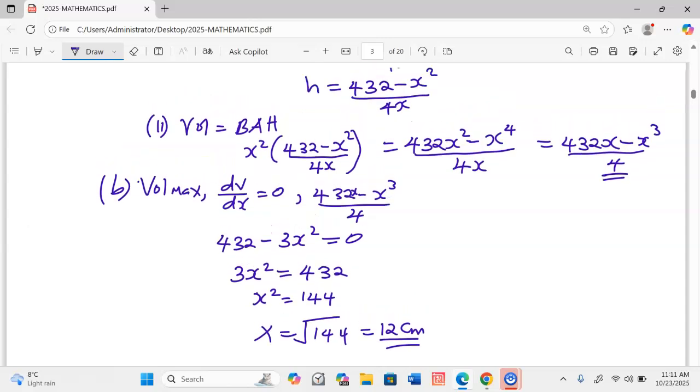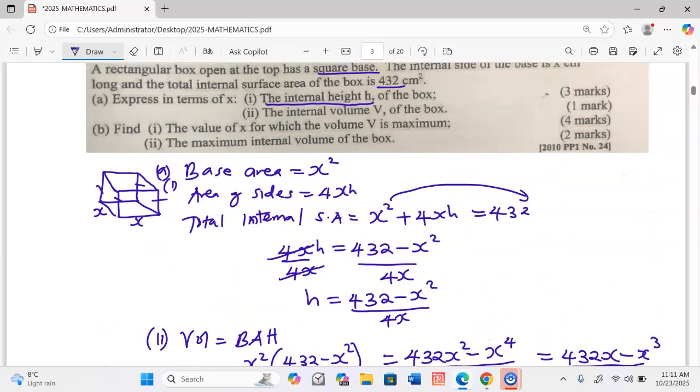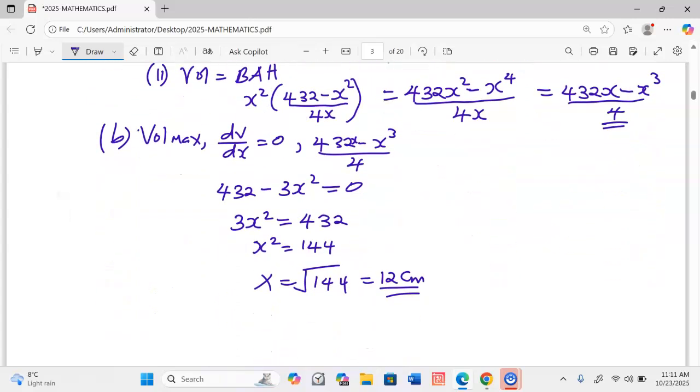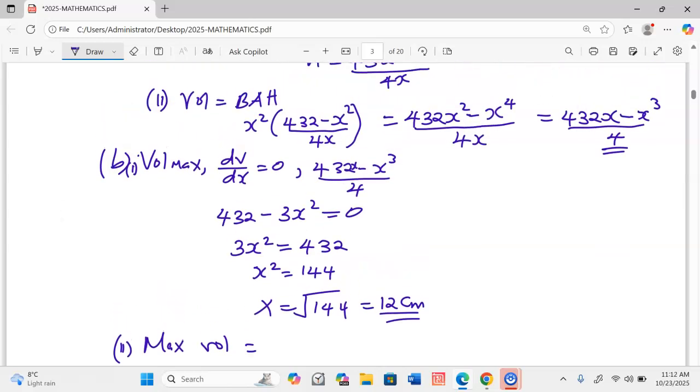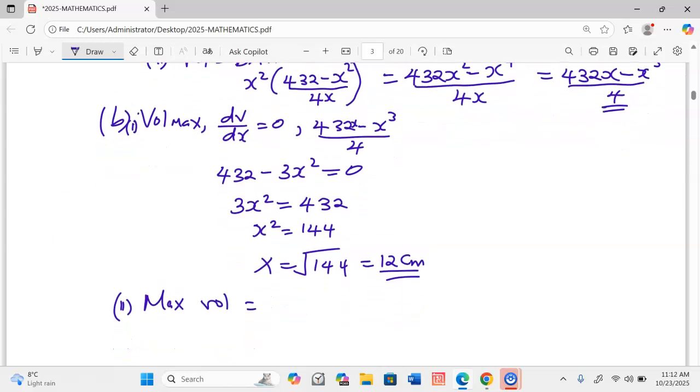Once we have gotten the value of x, we can now get the maximum internal volume, which is Roman 2 of part B. The maximum volume will be obtained by simply substituting the value of x in our volume.